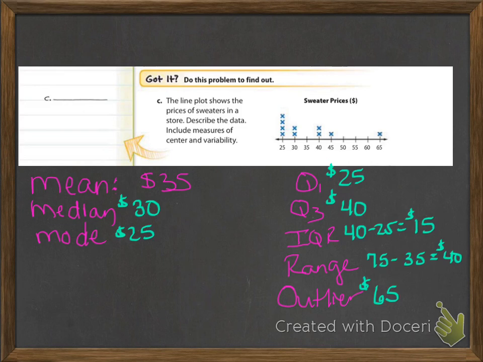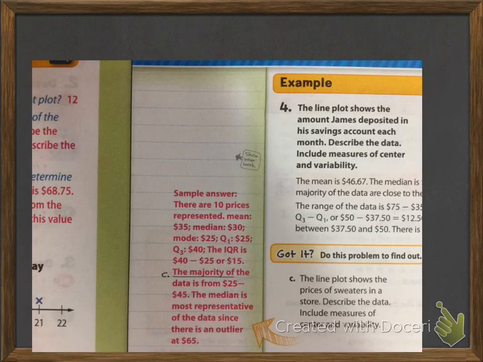All this is just information. I'm going to go ahead and show you what the book has in here because it was a long description, and I wouldn't necessarily put all this information in here, but here's what you got. What I definitely want to see, though, is that you're telling me how many prices are represented. Okay, so you have to have that part there.